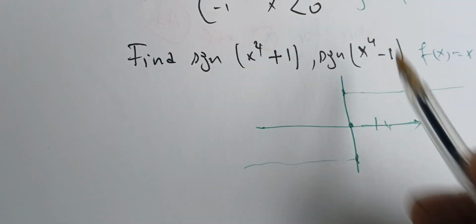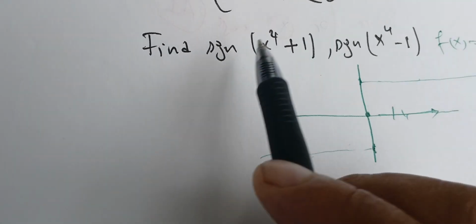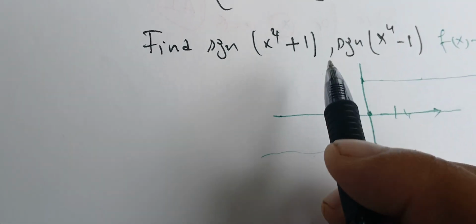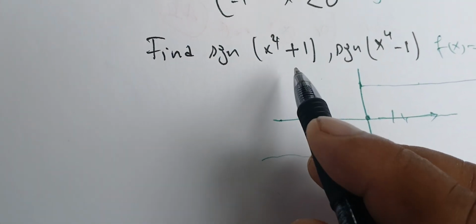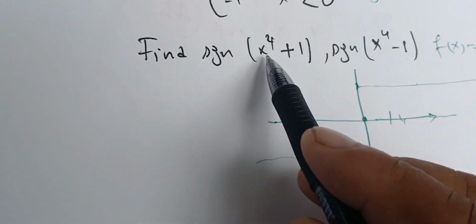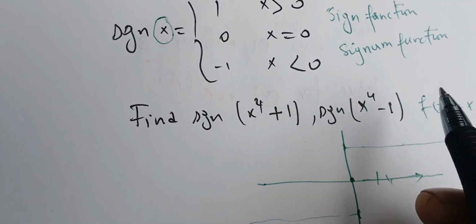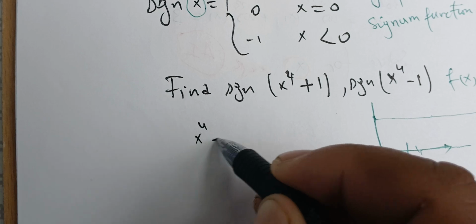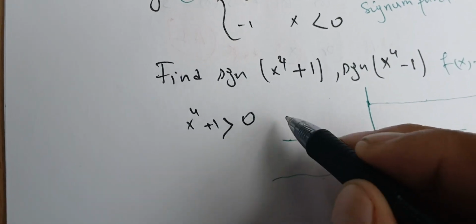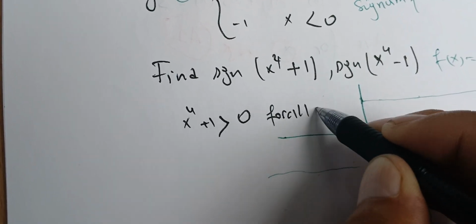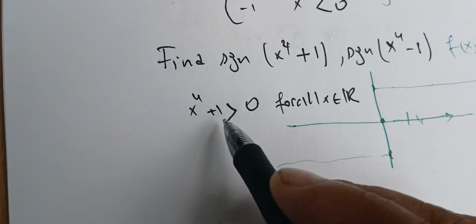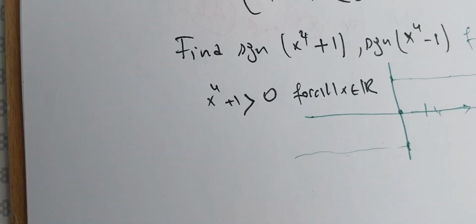Okay, for instance, let's find the signum, or the sign, of x to the power 4 plus 1. We can solve this one quickly by saying that x to the power 4 plus 1 is always bigger than 0 for all x in R. So that means this one is always positive.